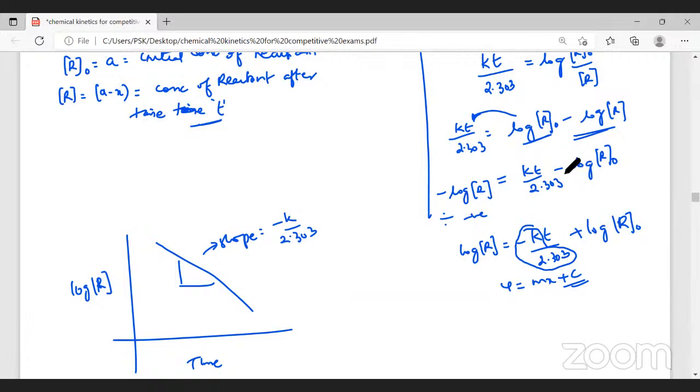So this is the graphical representation for the first order reaction, the rate constant for a first order reaction. All right. Followed? Yes, sir. Yesterday we did this, but to have continuity, we will do it. Now, the next is a derivation we did.